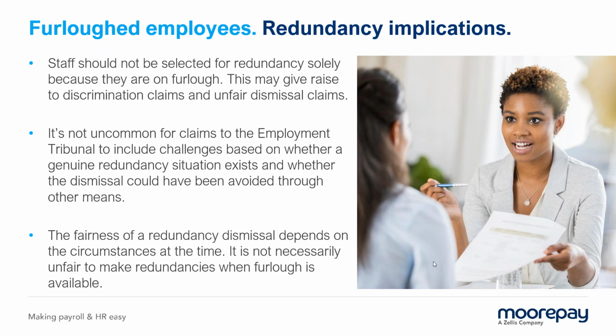And I think the overall thing around fairness of redundancy dismissal just depends on the circumstances at the time. So, as I said, it's not necessarily unfair to make a redundancy when furlough's available and is an alternative, but it just has to be all documented and reviewed, and you can play that back as evidence should you need to.